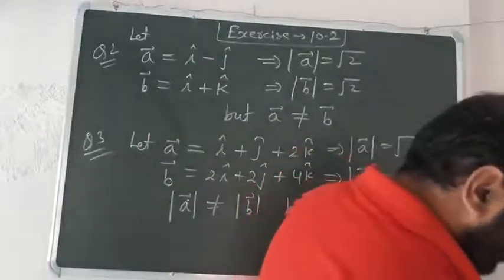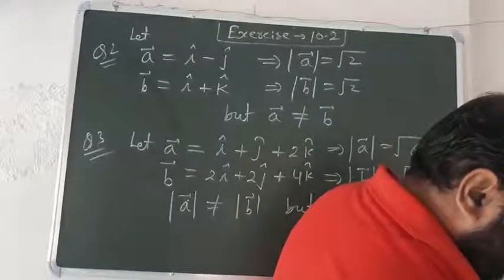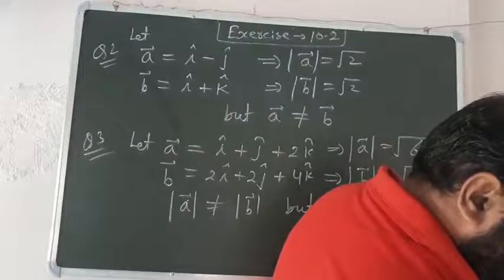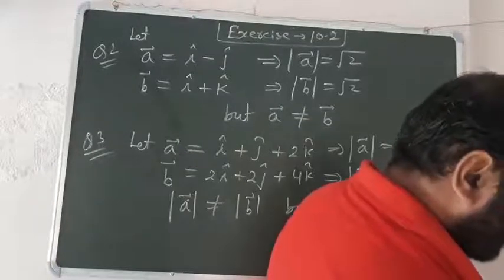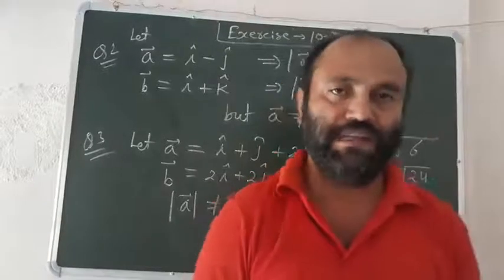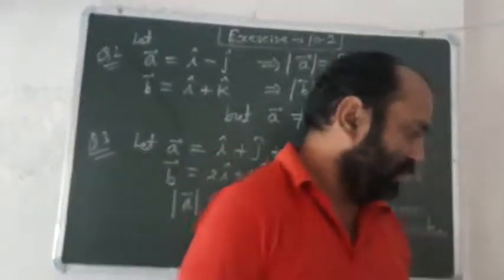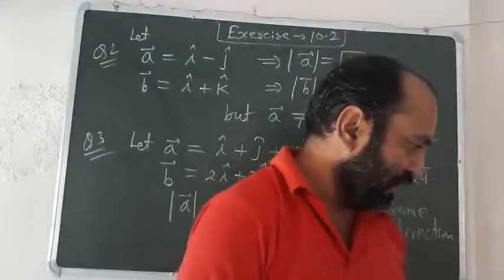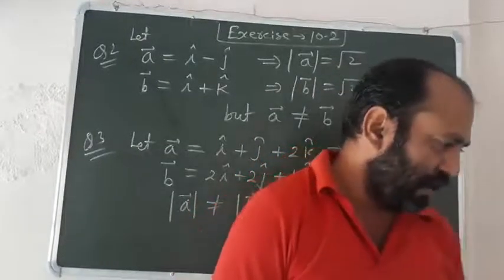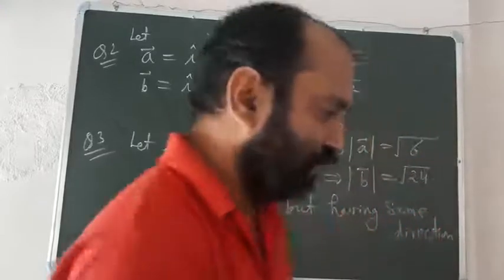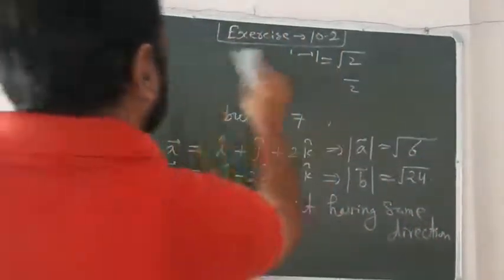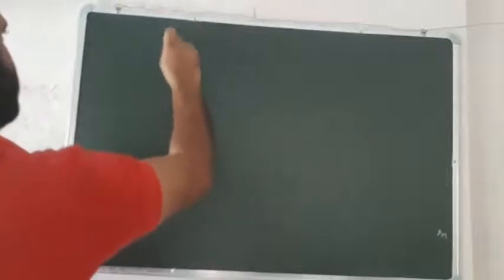Question number 5: find the scalar and vector components. As I have told you, there are two components, one is the scalar component and the other is the vector component. So find the scalar and vector components of the vector with the initial point 2,1 and the terminal point -5,7. So let this be point A, which is 2,1, and here point B, the terminal point, is -5,7.